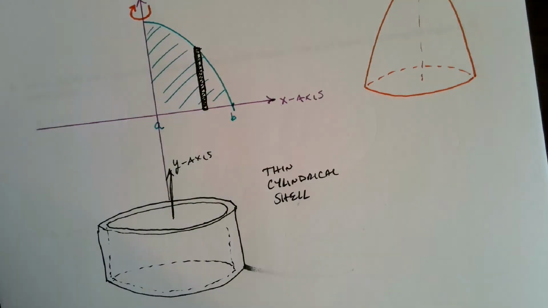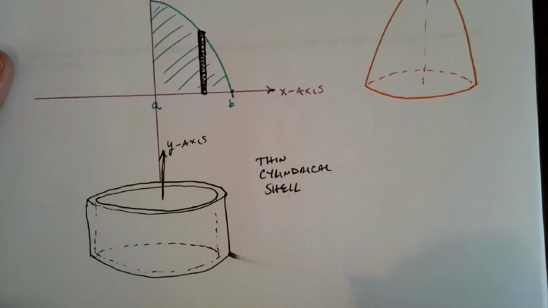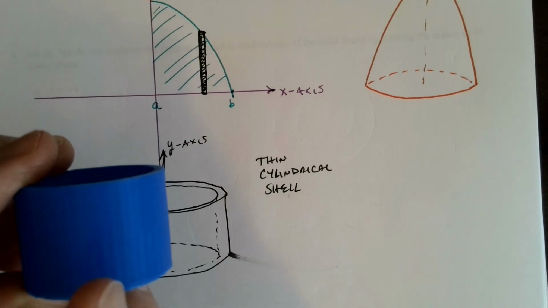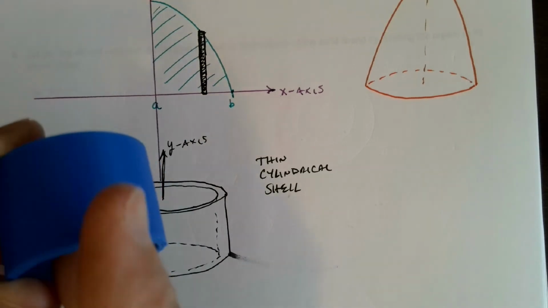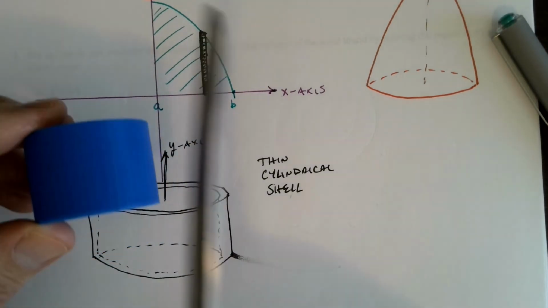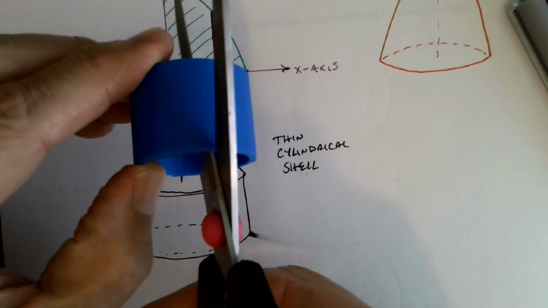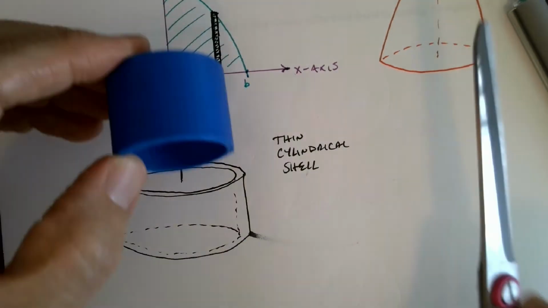So I need to find the volume of the shell, though. Okay. So the way I'm going to do that is this. I'm going to take this shell, and I'm going to cut along one side here. I'm going to take my scissors. Here's a pair of scissors right here, right? I'm not really going to do this, but I'm going to cut right along up there, and then I'm going to unroll it.